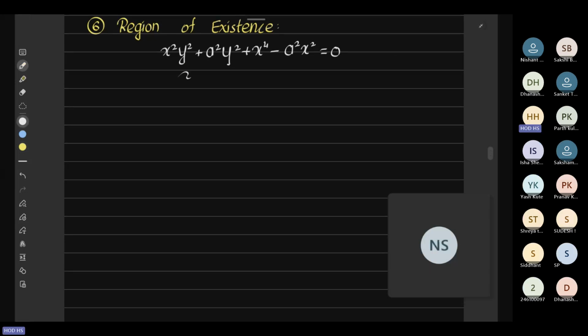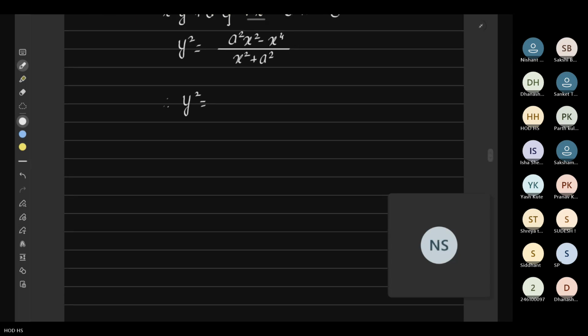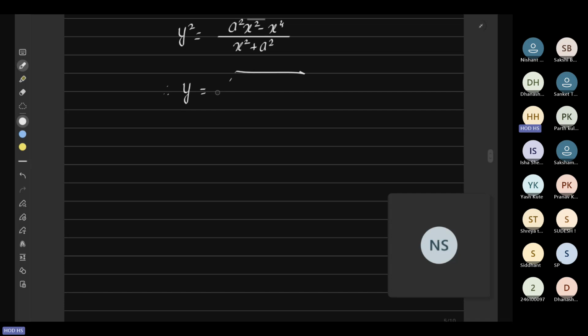So I will rewrite this equation as y² is equal to (a²x² minus x⁴) divided by (x² plus a²), and therefore y is equal to the square root of the same quantity, square root of (a²x² minus x⁴) divided by (x² plus a²).